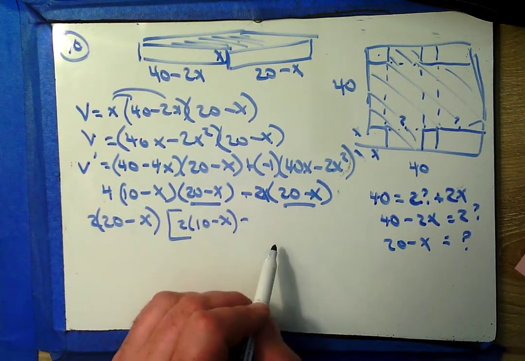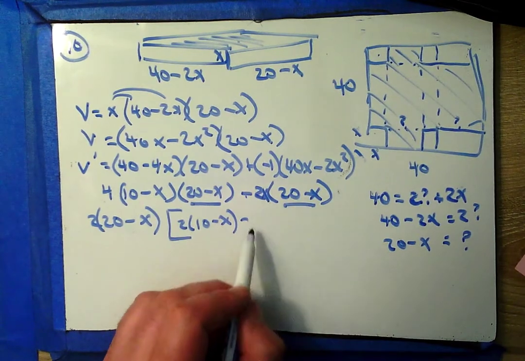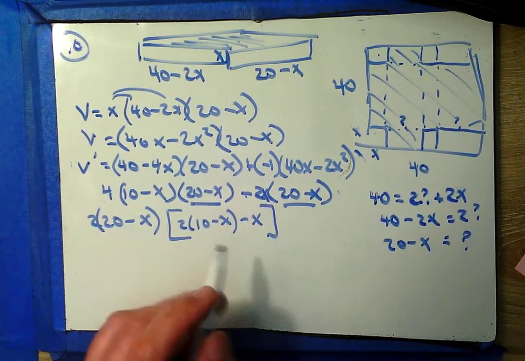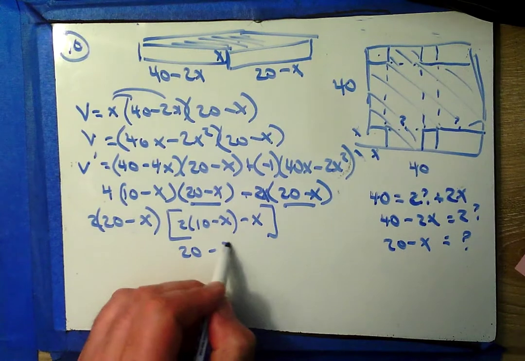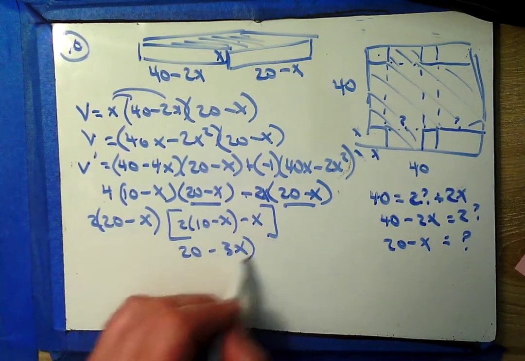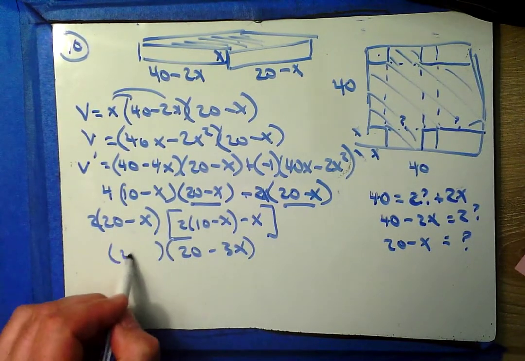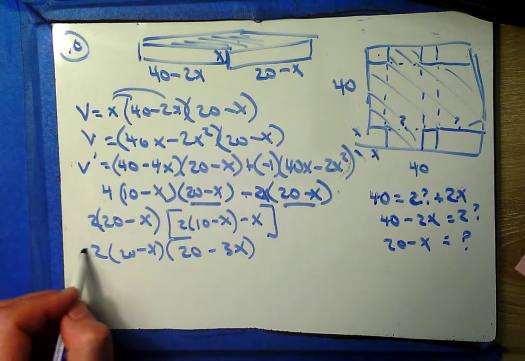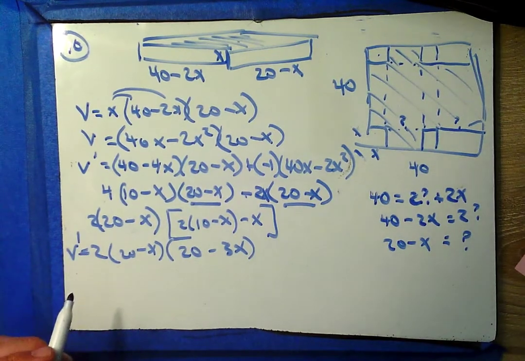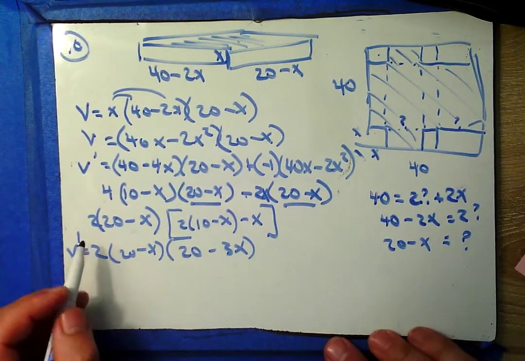The x is still there. So I have 20 minus 3x times 20 minus x times 2. There's V prime.